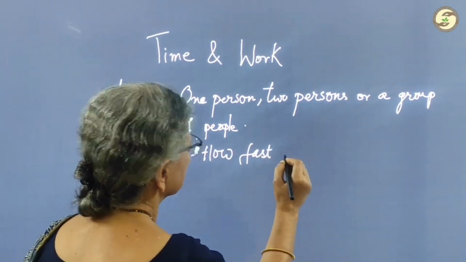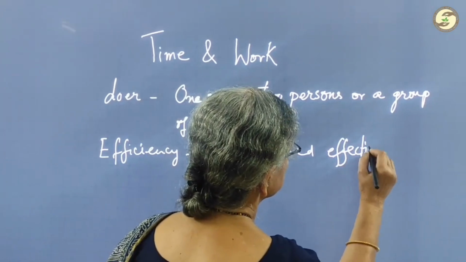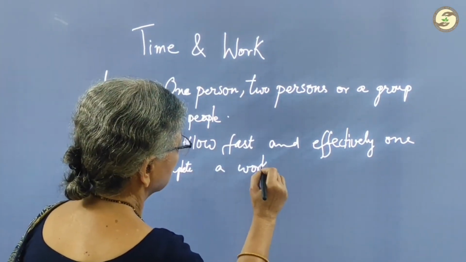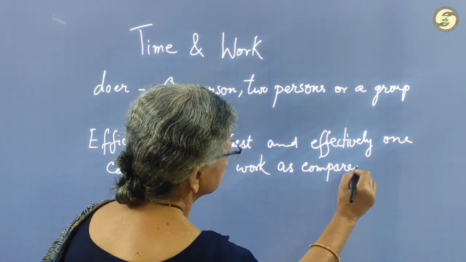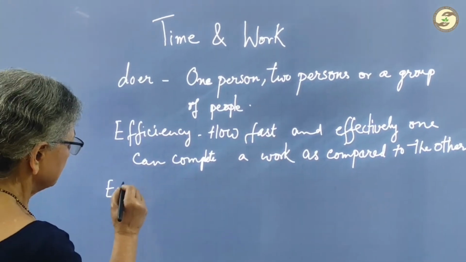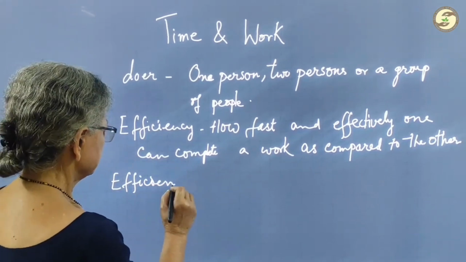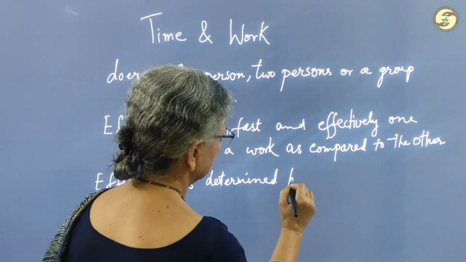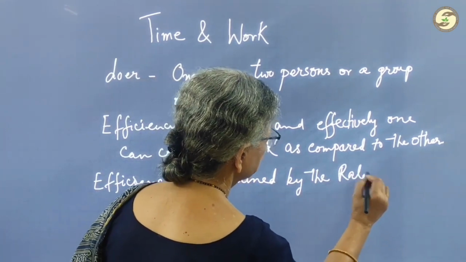How fast and effectively one can complete a work as compared to the other. And how is efficiency determined? Efficiency, as we have said, is determined by the rate of work.